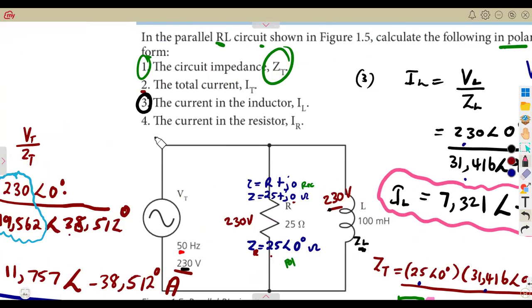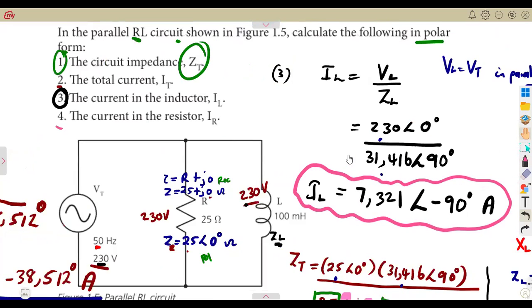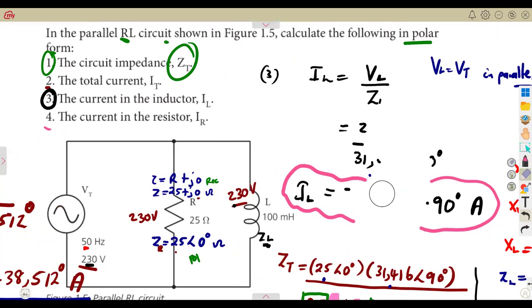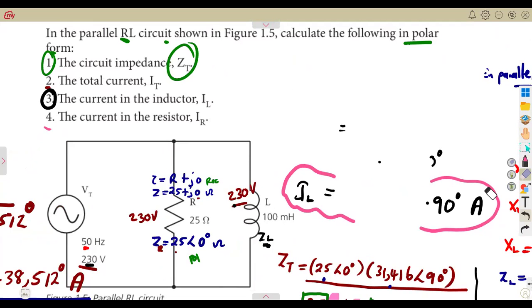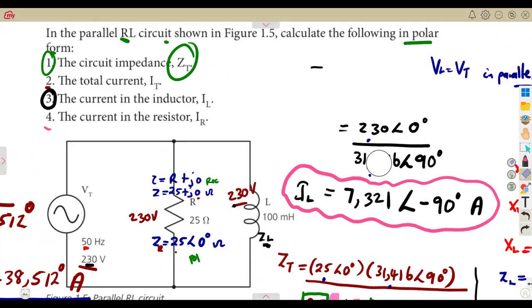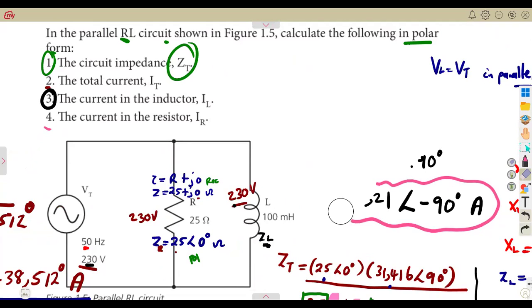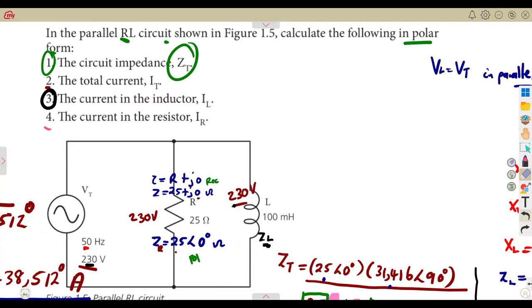The current across the resistor, which is IR in this case, again, everything in polar form as per our instruction. We were going to calculate this because this is the same. Remember what I said, in parallel VL is equal to VT. It is also the same as our VR.